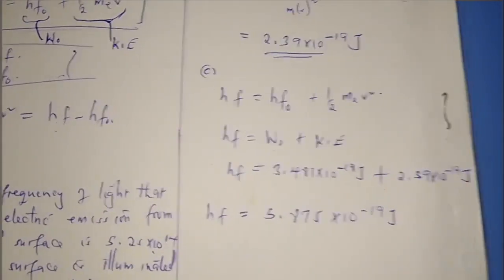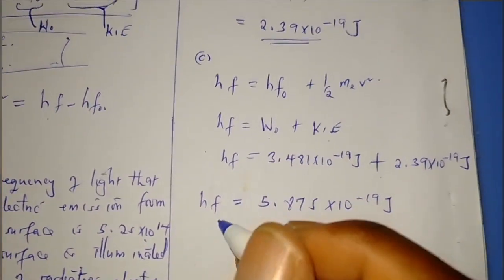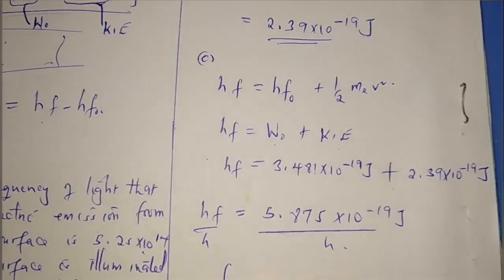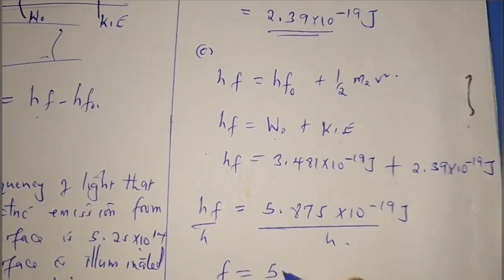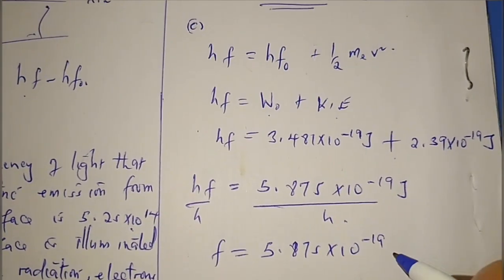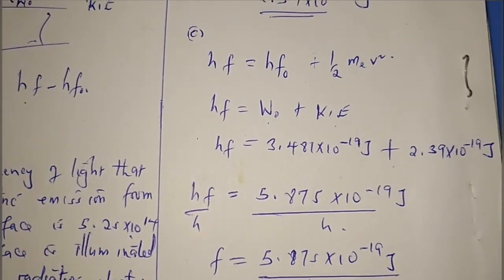So to get the value of F, we are looking for F, we divide both sides by H. So F is equal to 5.875 times 10 raised power negative 19 joules over H. But what is our H?